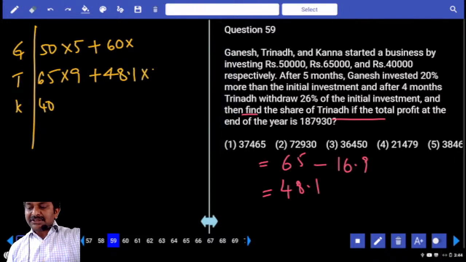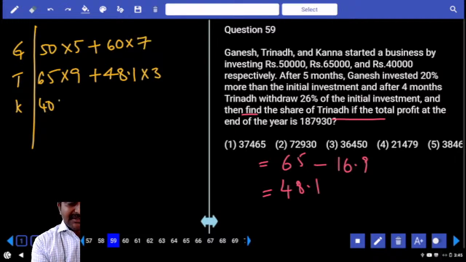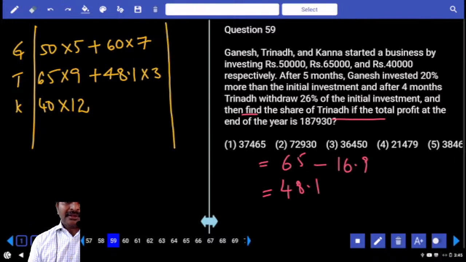Find the total share of Trinath if the total profit at the end of the year is given. 5 months over, the year end is mentioned, so it is 7 months. This is 3 months, and this guy will be there for 12 months. We need to solve it. There is no alternative, we have to calculate.